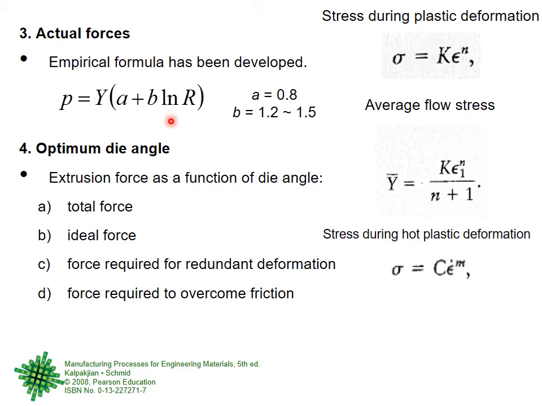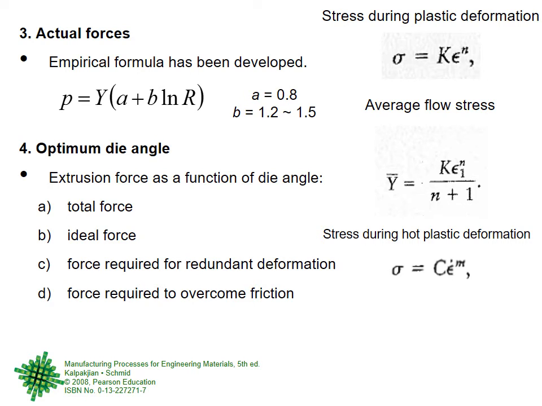Typically in most of forward extrusion, A is around 0.8 and B varies from 1.2 to 1.5 depending on the cross-sectional shape of the die, on the billet material, on the temperature and so on, right?